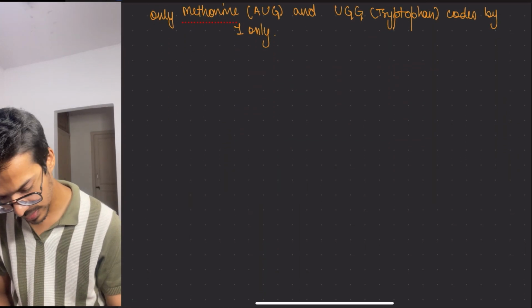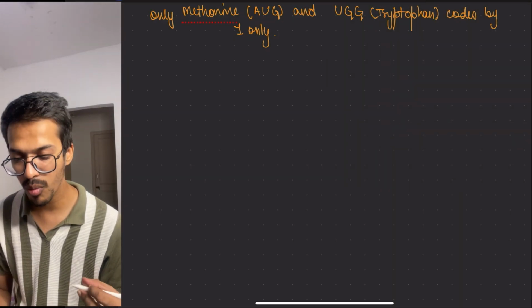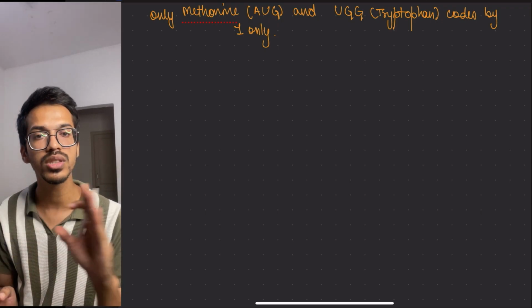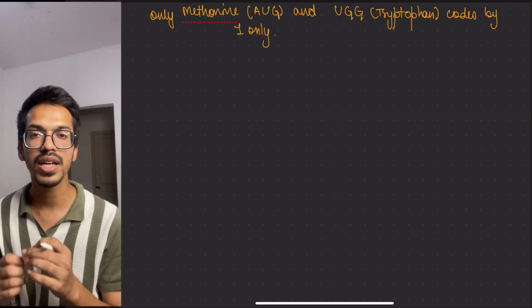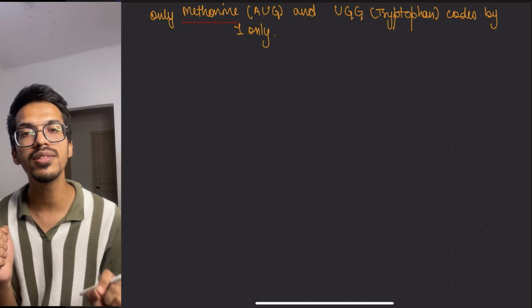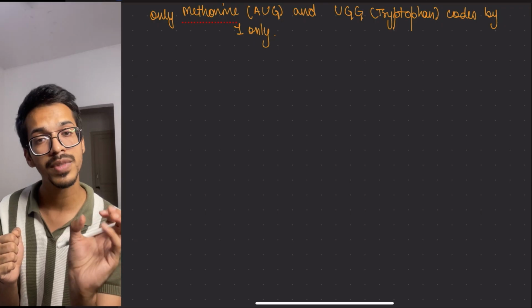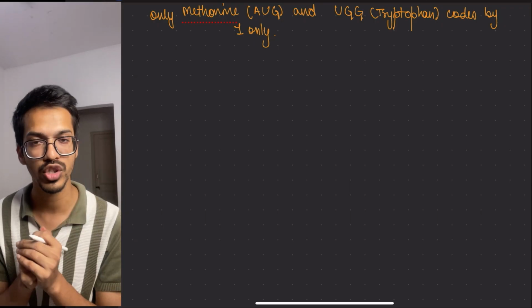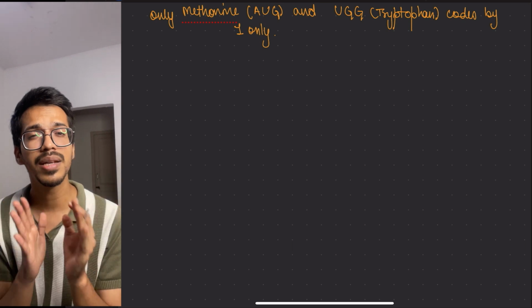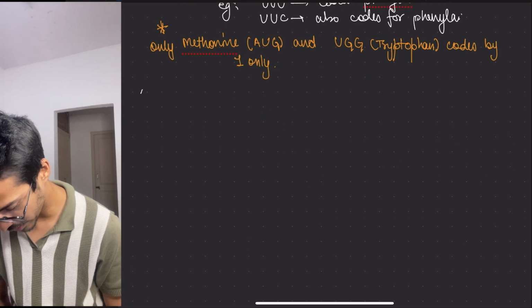Next, we read the code continuously, without any comma and without any pause. If you are making the polypeptide, you will read continuously. Even if one nucleotide goes away, we won't say it is gone. We will read the next one and correspond accordingly, and everything will change. That's where mutation comes in, and that's how sickle cell anemia comes. Let's go further.